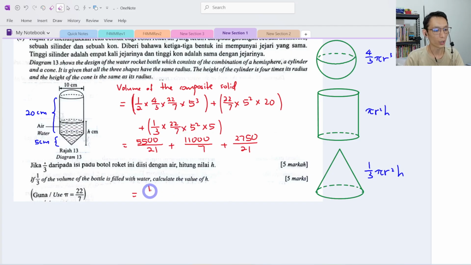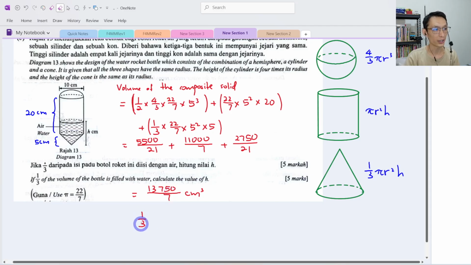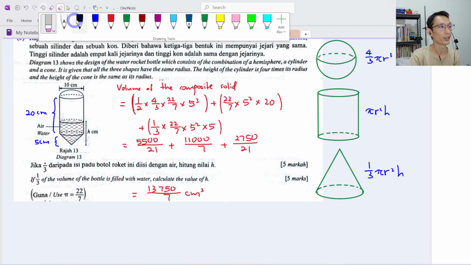Okay, we just find the sum of these three terms. Okay, it's equal to 13750 over 7 cubic centimeters. And the question tells us that the water here is actually 1 over 3 of the total volume. So we take 1 over 3. Well, let me write this one for you first.